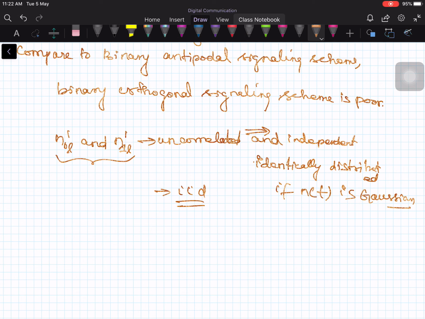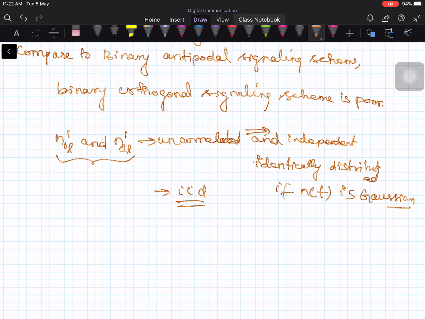Therefore, using two matched filters one can demodulate the binary orthogonal signaling schemes. But the drawback is that the top matched filter will produce a noise variance of N0 by 2, and the bottom matched filter also will produce a noise variance of N0 by 2. When you subtract the two, the noise variance will not be minimized. In fact, it will be doubled, which one can prove mathematically.